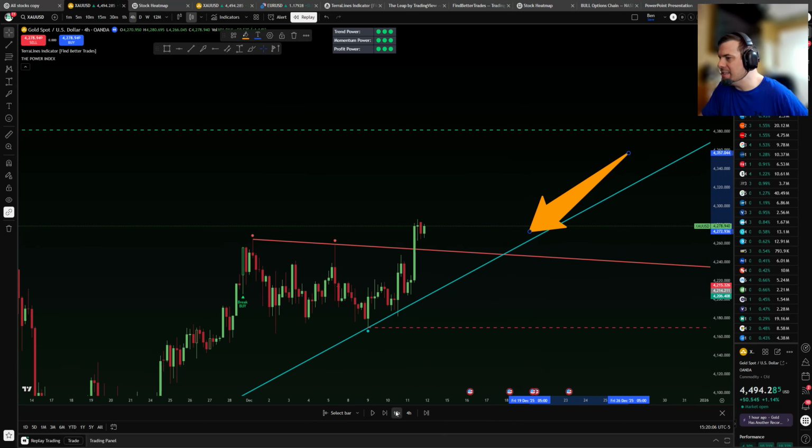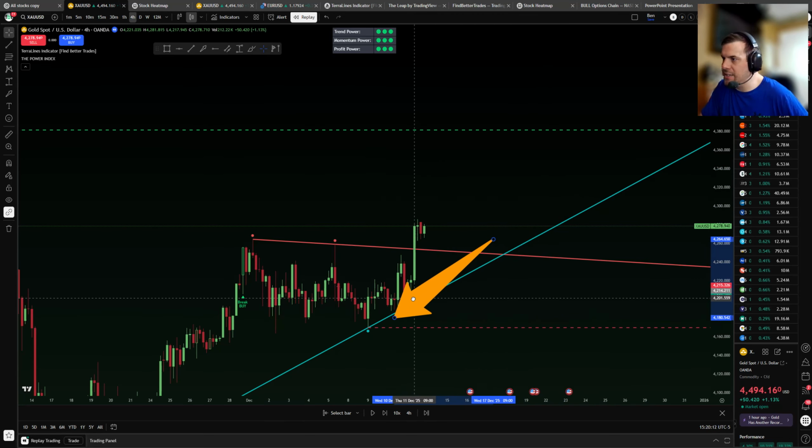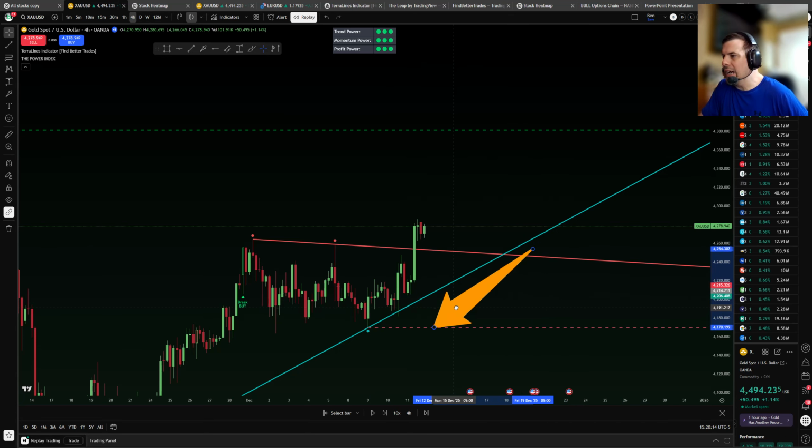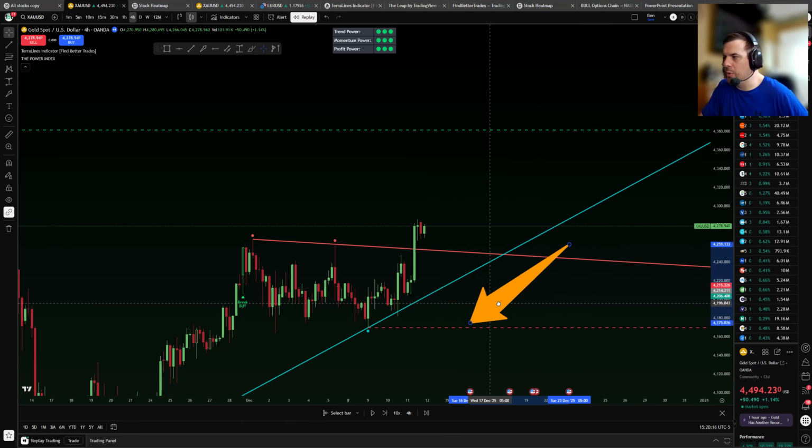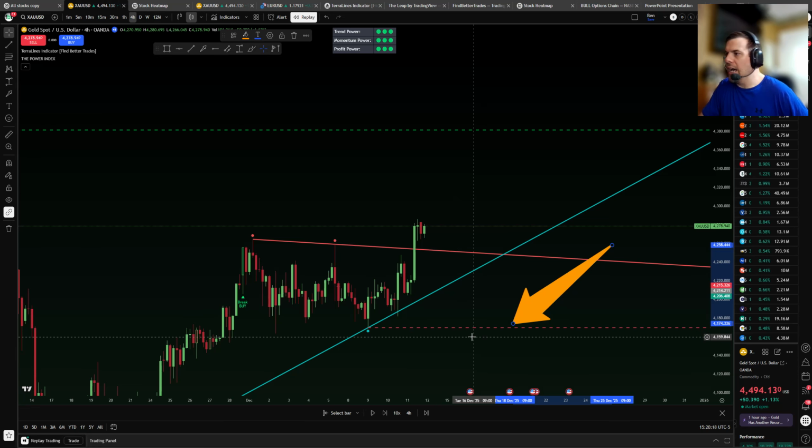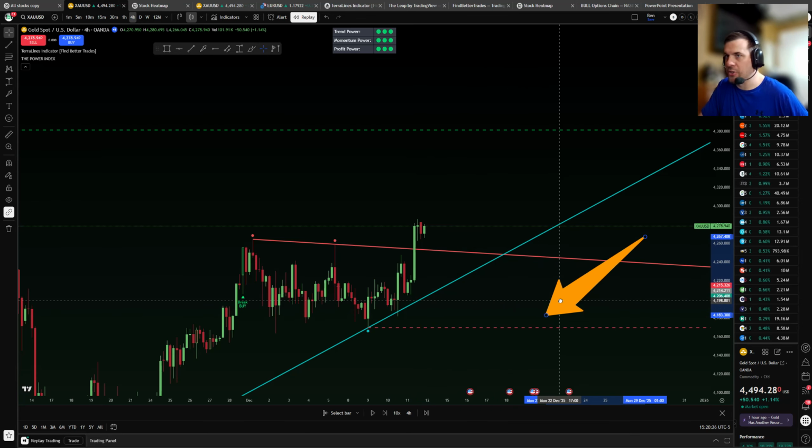Now you're in a great position because you have a lower structure. This is where you would want to put your stop loss, because that is where the price will most likely respect and potentially go sideways. So this would have been a great area for a stop loss.